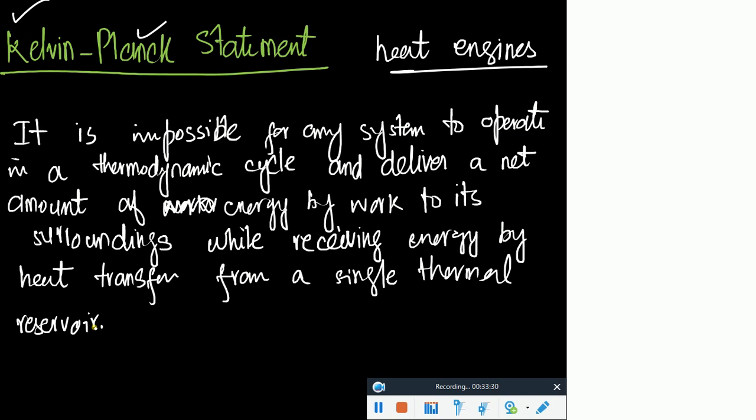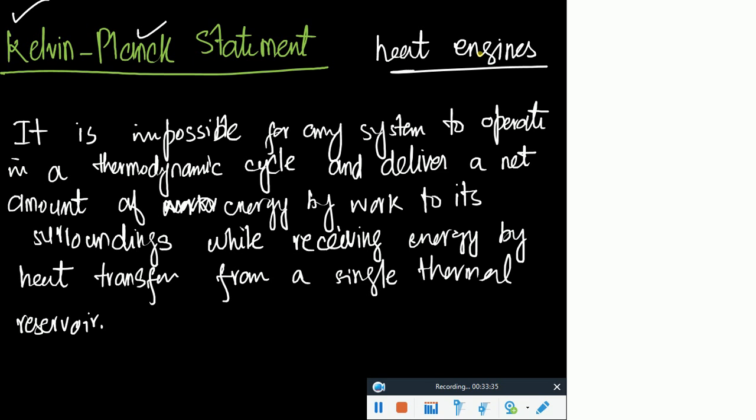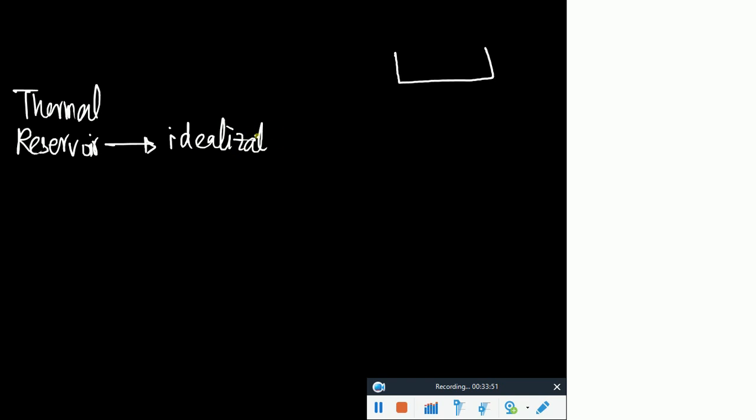Okay. Now let me again graphically represent it. Now what do you mean by reservoir? Remember that reservoir is kind of an abstract concept. It's an idealization. This thermal reservoir is an idealization. Now what kind of idealization? It does not matter how much energy is transferred to that thermal reservoir, or how much energy is extracted from it, its temperature does not change, just like the atmosphere.